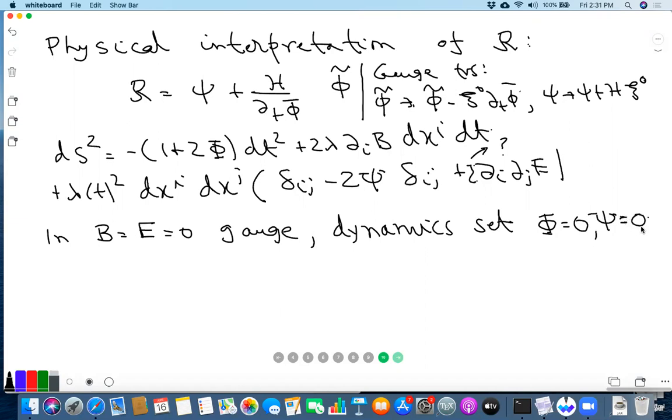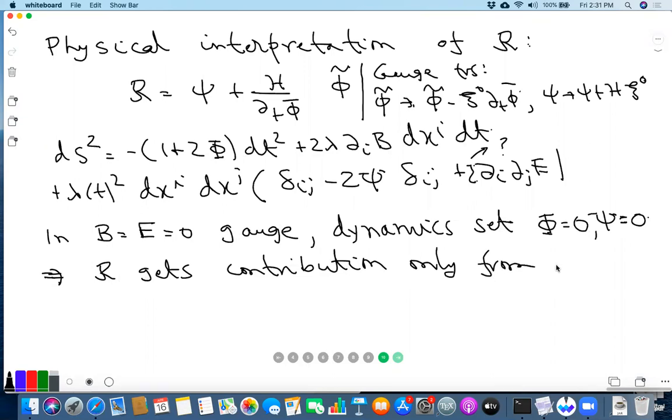The gauge invariant statement is that some appropriate combinations of phi and E and B are set to 0 by dynamics, but that reduces to phi and psi equal to 0 if B and E are 0. In this case, R gets contribution only from phi tilde, the scalar fluctuation.